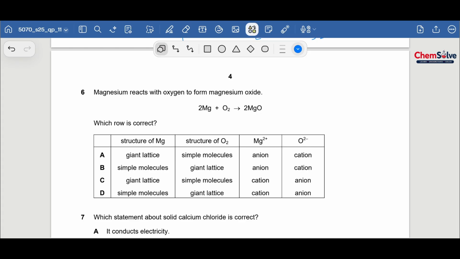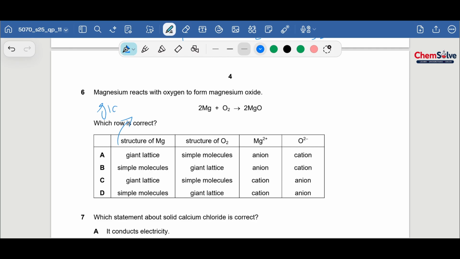Okay, so magnesium is a metal. So magnesium is giant metallic lattice.